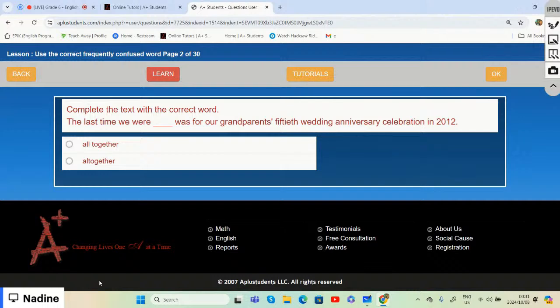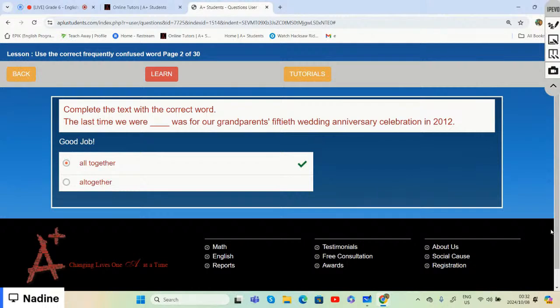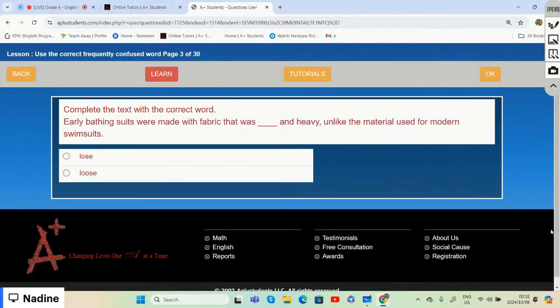We need to complete the text with the correct word. So altogether number one or altogether number two was for grandparents' 50th. And we chose option one, the two words, it is all, and the second one is together. So all together, which was option one.